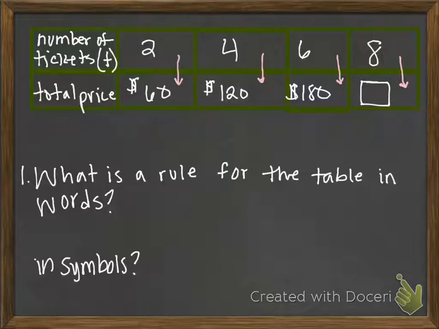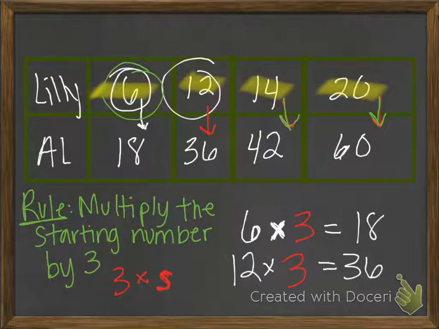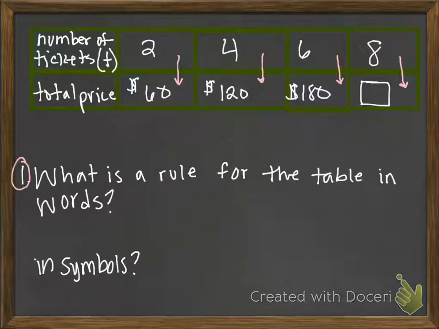The first thing I would like you to do is look at number 1 down here. The first question says, what is a rule for the table in words? Back here, my rule in words was to multiply the starting number by 3. So what do we do with the starting number here?